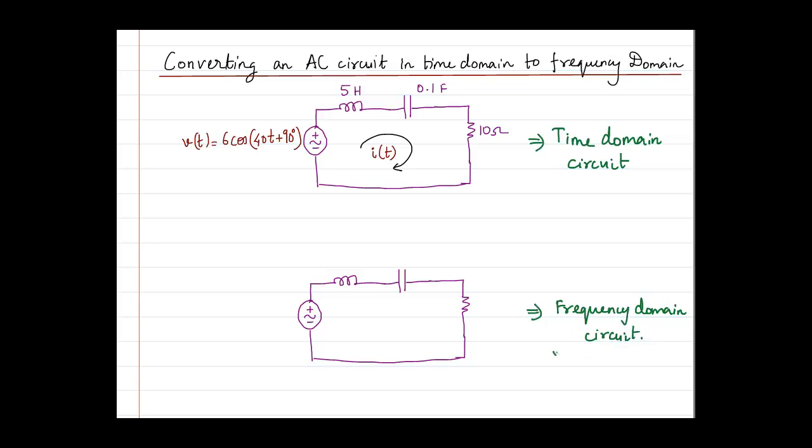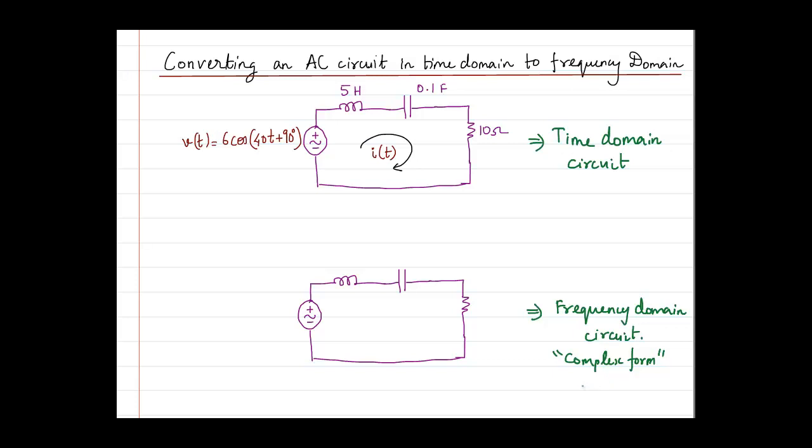So let me write it in complex form. Why in complex form? Because then we can do the complex calculation and find out the various answers. That is the reason why we write it in complex.